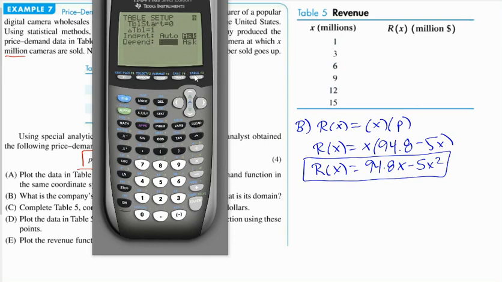And now when I go to table, we have all of our answers here. I had typed these in advance. Because I have it set to ask, there's nothing here. You would type in each x value and it calculates the y value as you do that. And that y value is coming from the equation we put into y1.